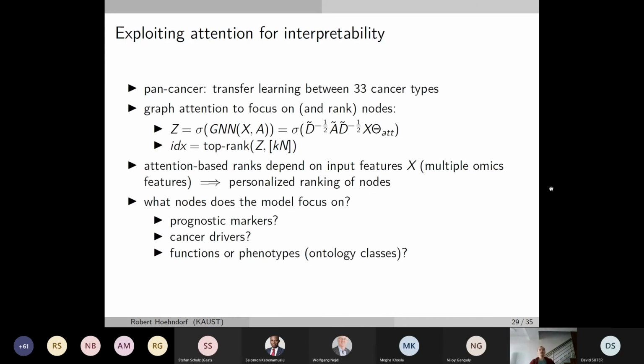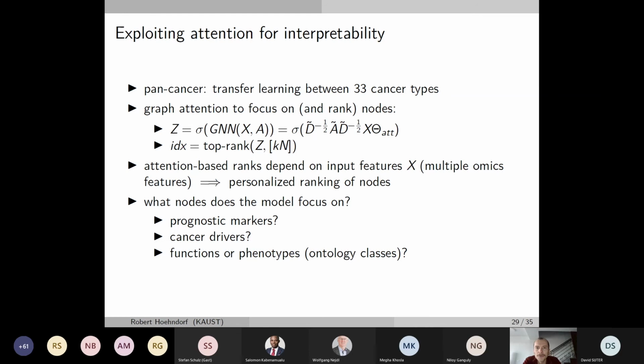We have built this as a pan-cancer model, where we use transfer learning between the different cancer types, and in some sense, it generalizes between different cancer types. The cancer type is an input of this model, and we use graph attention to focus on and then rank particular nodes.